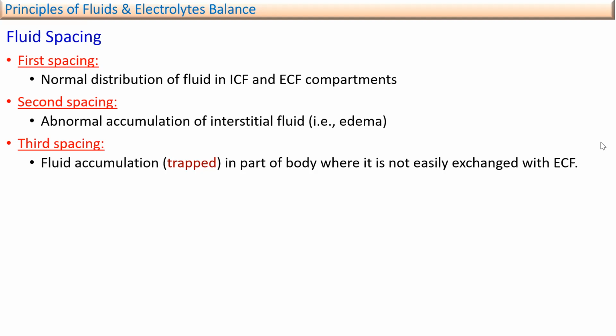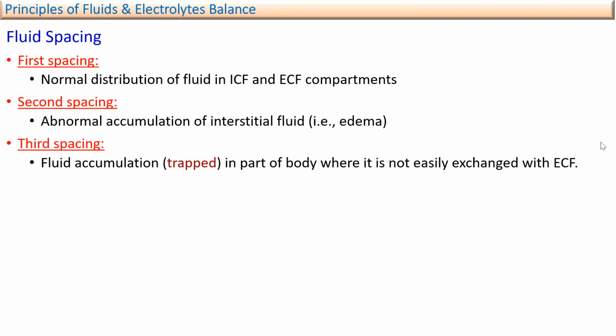The third spacing is when the fluid accumulates but is trapped in a body part, in which it's difficult to treat with traditional diuretics. You can't just give furosemide, spironolactone, or any other diuretic that's going to resolve this problem.